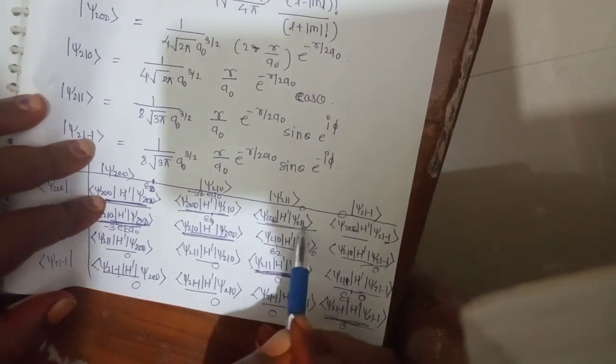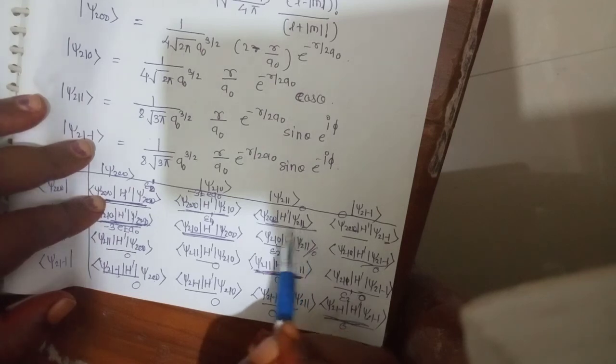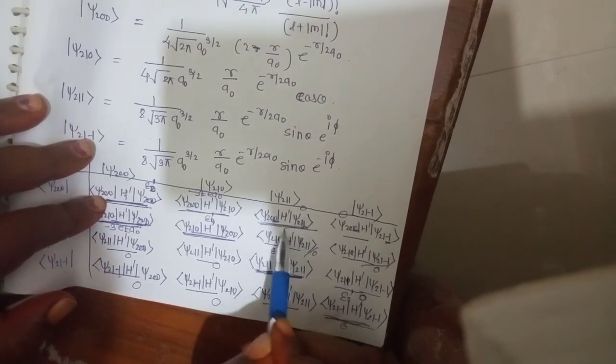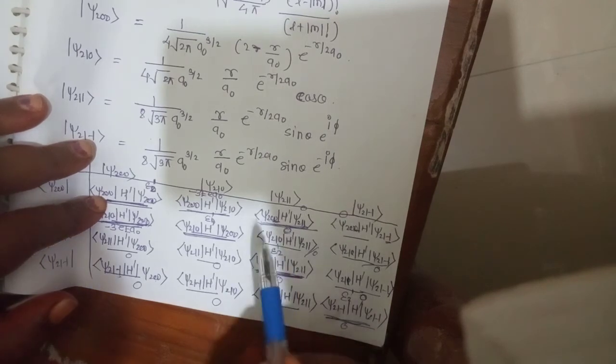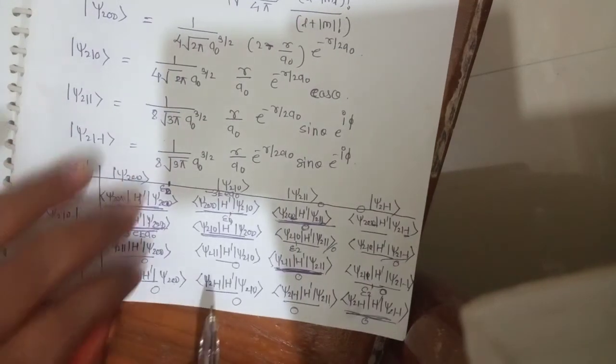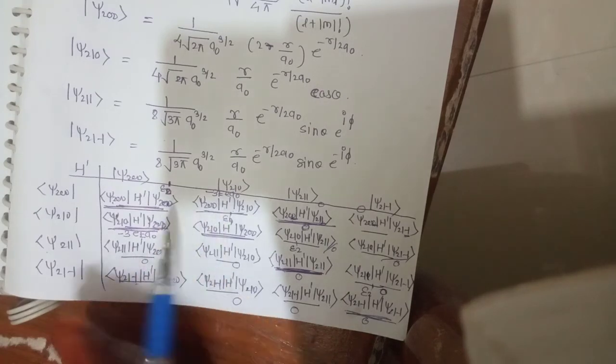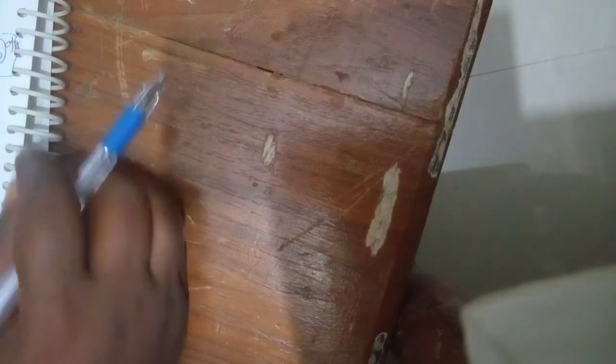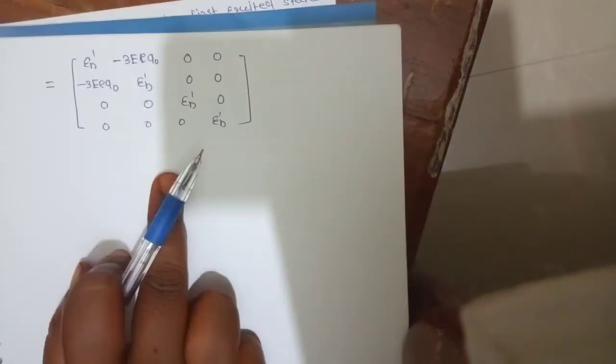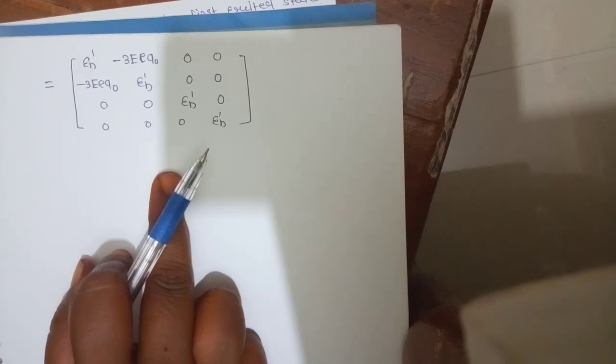If both the values are not equal, then that integral becomes 0. So by using that condition, all the non-diagonal elements whose m and m dash are not equal become 0. After that we'll get the 16-element matrix.